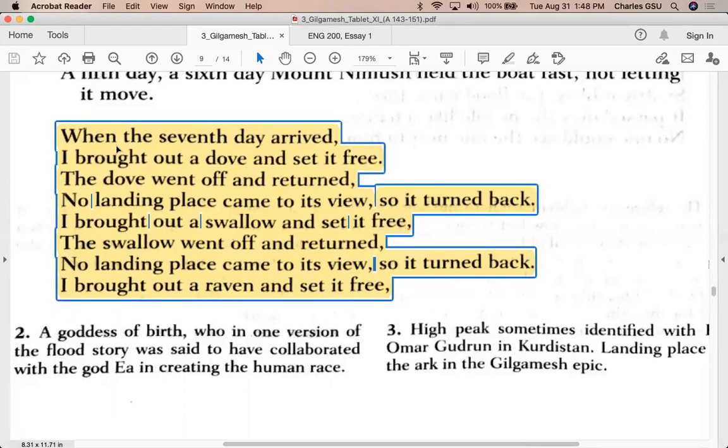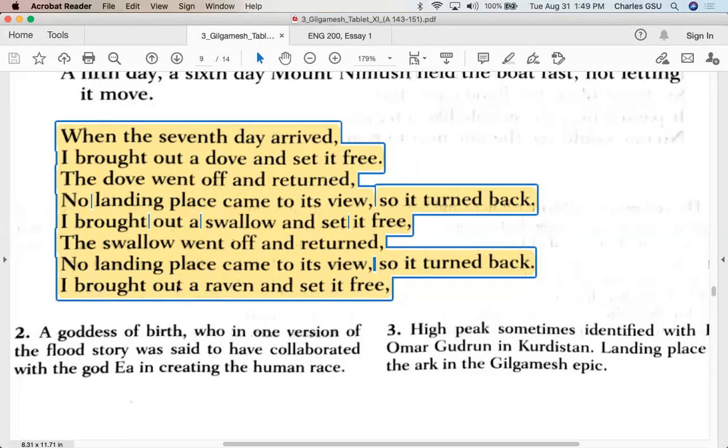Here we have a kind of reversal of the birds, if you will. I brought out a dove and set it free. The dove went off and returned. No landing place came to its view, so it turned back. I brought out a swallow and set it free. And a swallow is not at all mentioned in the story of Noah. The swallow went off and returned. No landing place came to its view, so it turned back.